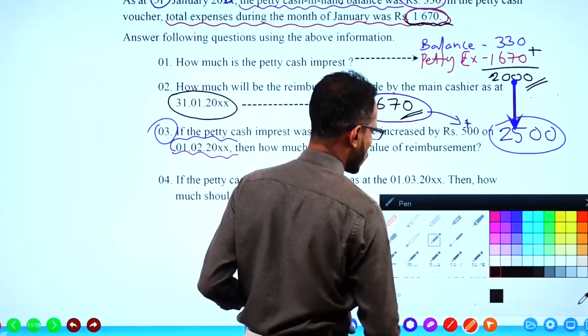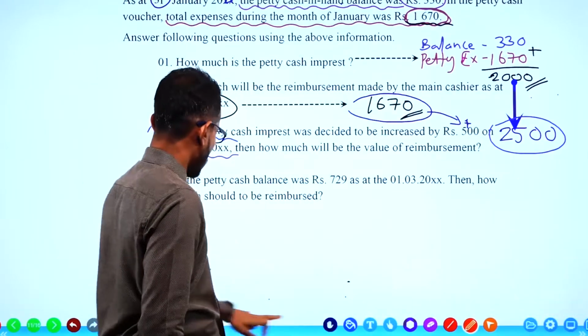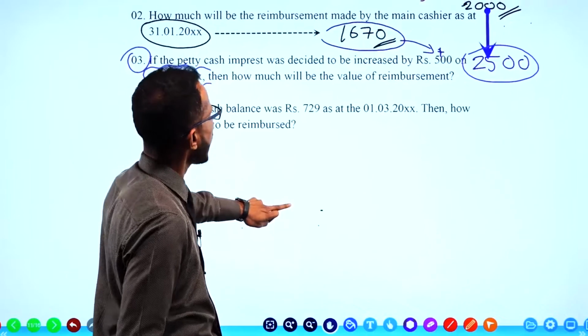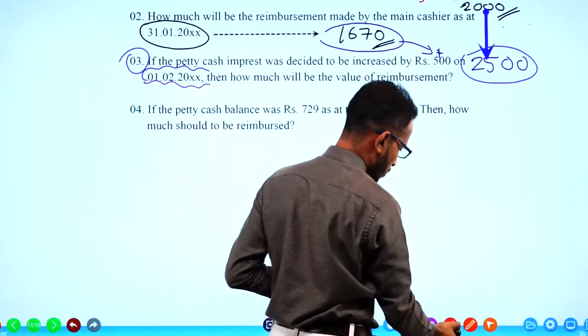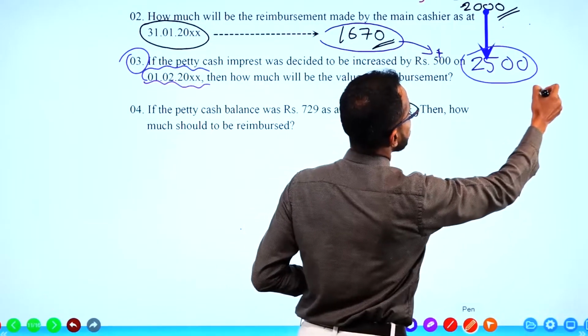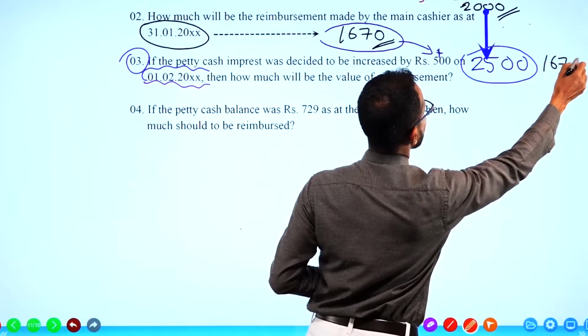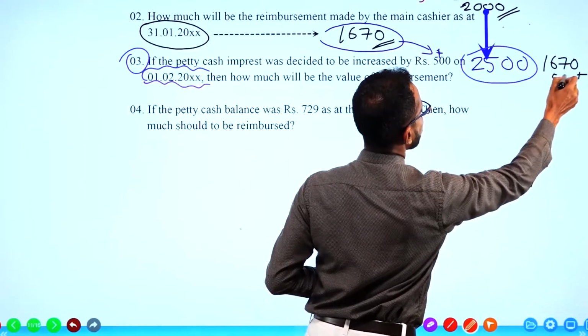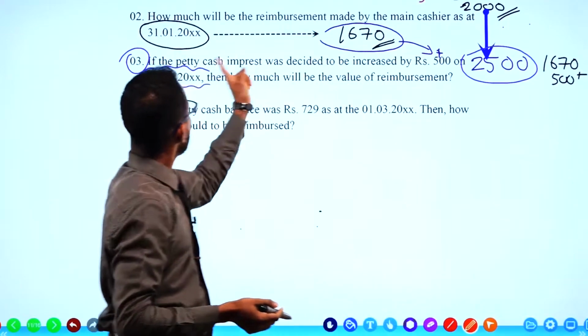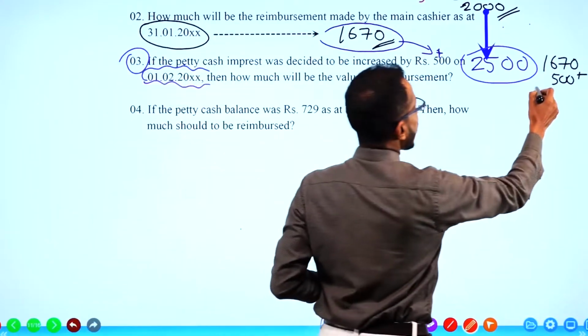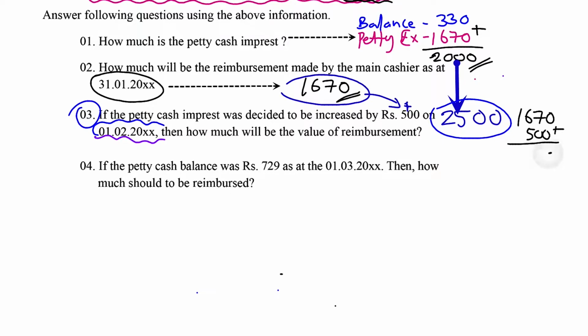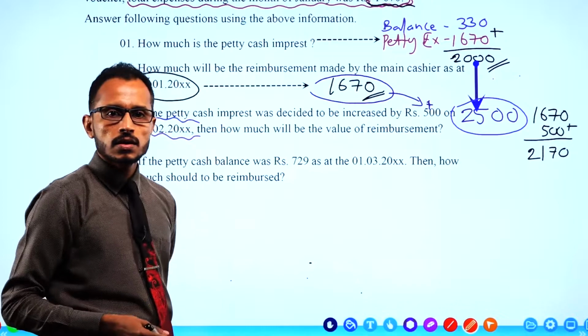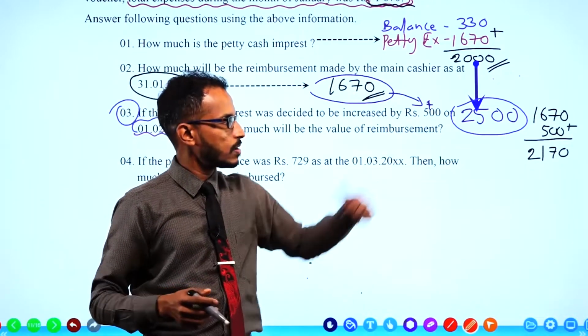Okay. When I added 1670 plus 500, the amount which should be increased, it becomes 2170. 2170, right?